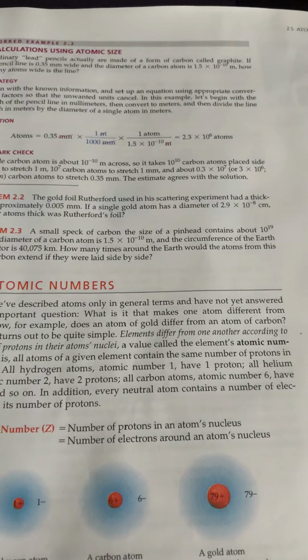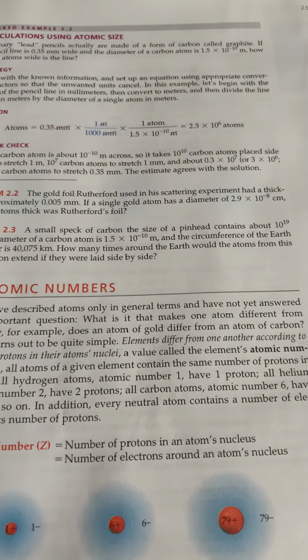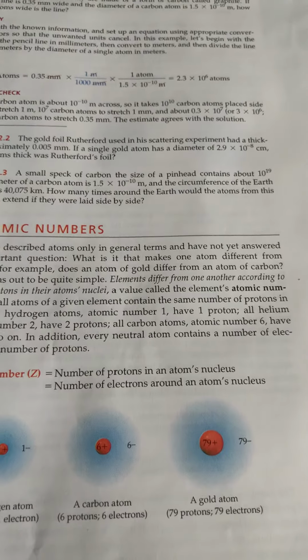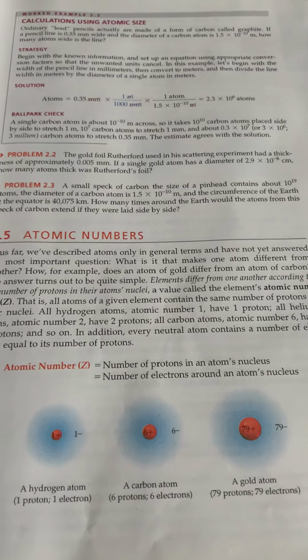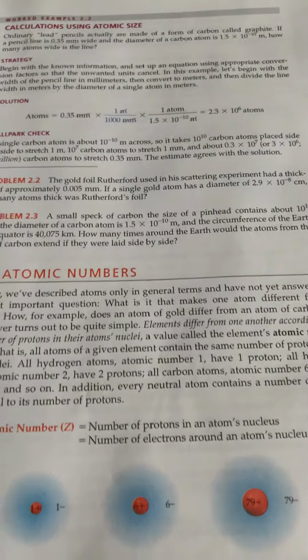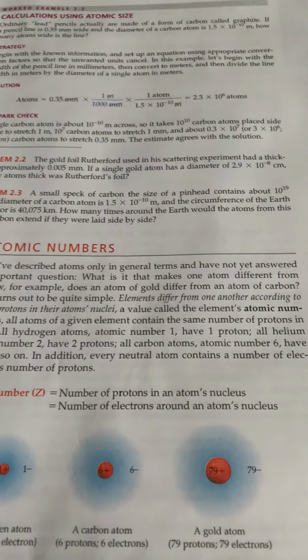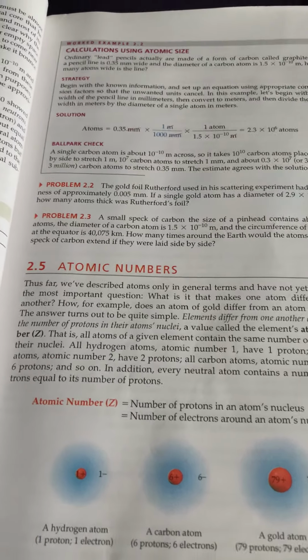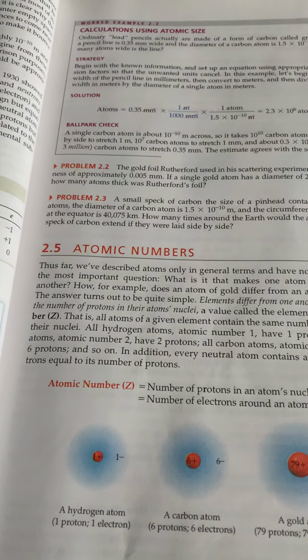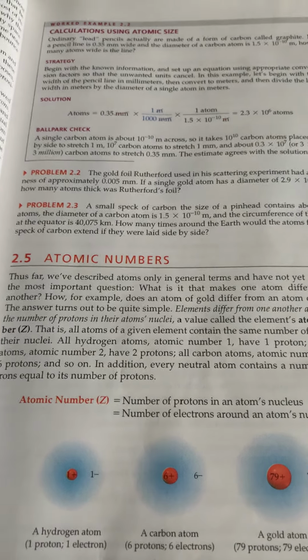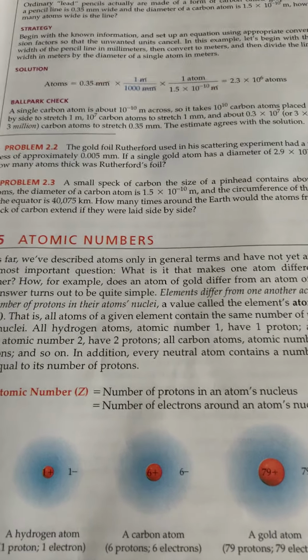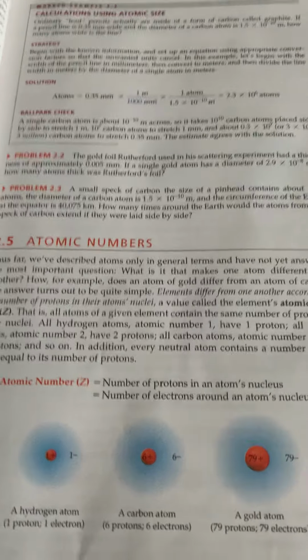So these questions are asking us about what makes atoms different. I'm not too sure what makes them different, but maybe if I keep reading, the text will tell me. Based on the heading of the section, I think the difference has something to do with the atomic number. So let's read on.